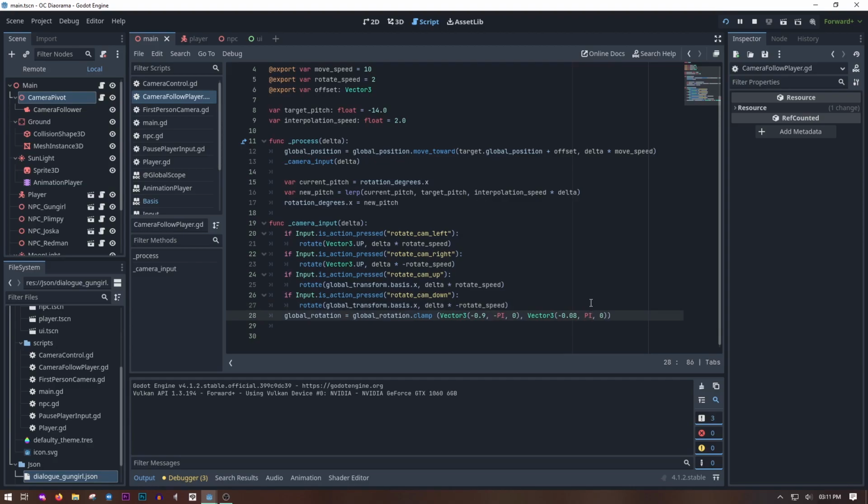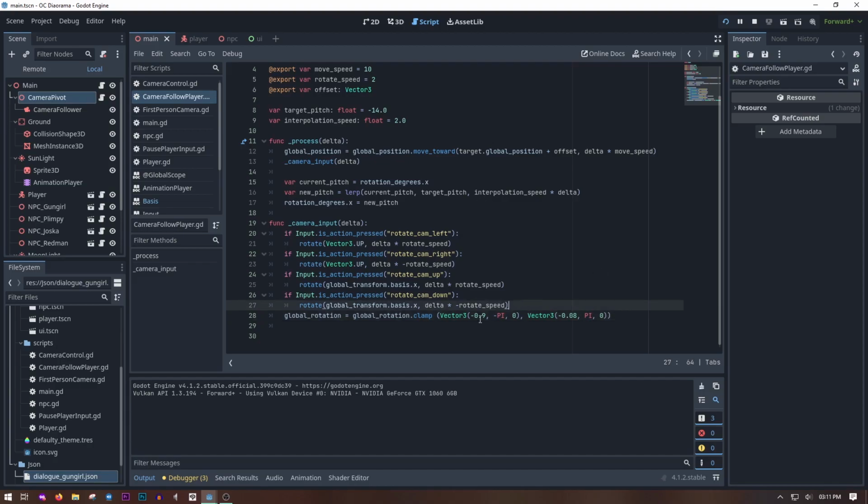It will just never clamp. We don't want the y-axis to clamp because we want to go all the way around the character. If we set it as not pi, we might be able to go all the way left until we get to 360, and then we can't go any further, and then we'd have to start going right again, which would suck. We want it to be all the way around in any direction.